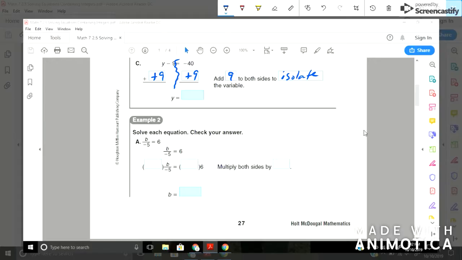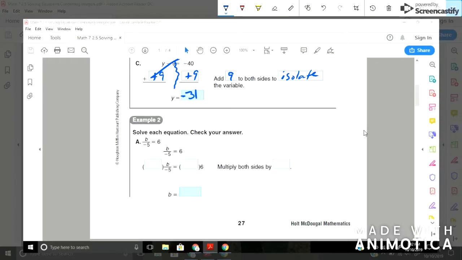Because negative 9 plus 9 is 0, then I'm just left with y equals, and then I have negative 40 plus 9. Different signs, subtract. So 40 minus 9 would be 31. And then I take the sign of the number with the greater absolute value. Greater absolute value would be the 40, so I'd take the negative sign. So negative 31 would be my answer.